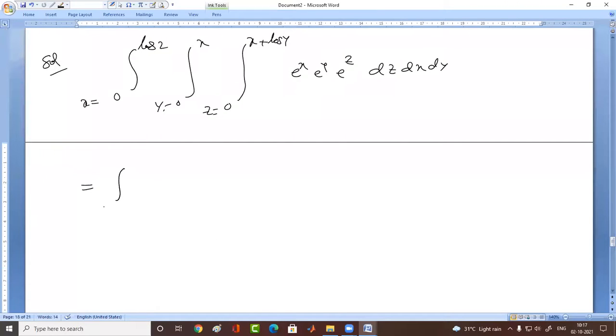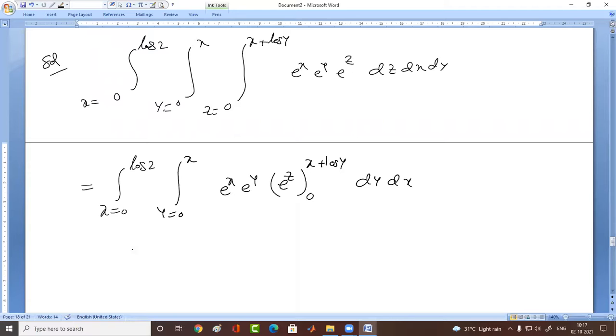Integral x is 0 to log 2, y is 0 to x. With respect to z, e power x into e power y into e power z integrates to e power z, 0 to x plus log y, dy dx.